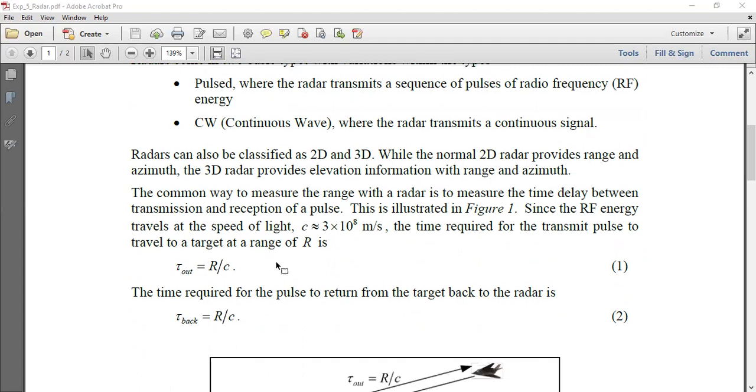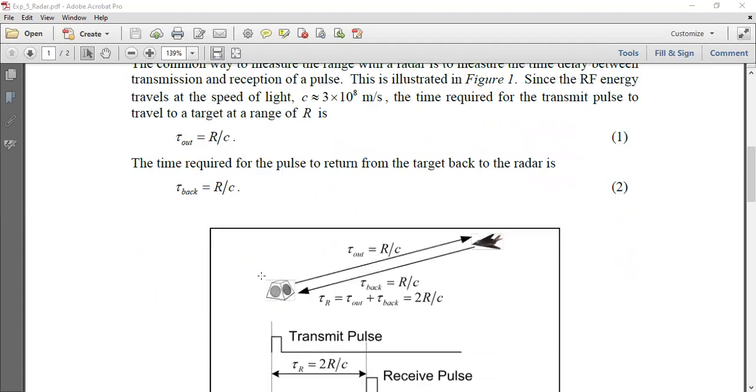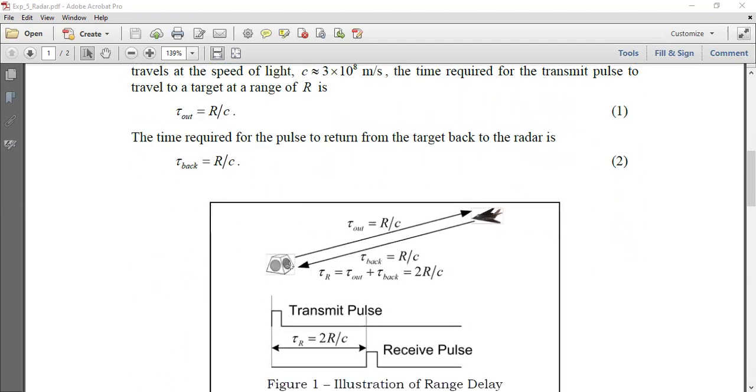So the basic principle: you send a signal, and you have a fighter plane, some enemy plane, that is arriving. Your signal from the radar is sent, and then it comes back.